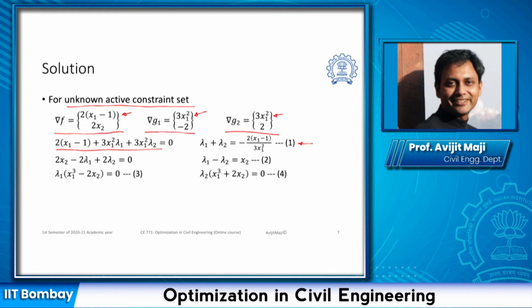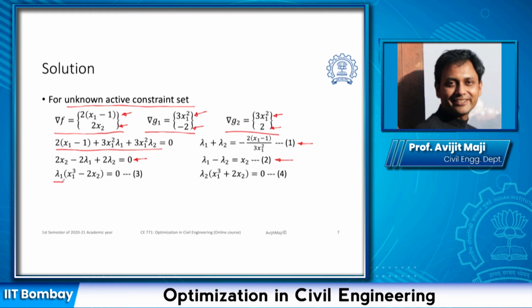The second part of the equation is formed using this component, this one and this one, which is shown here, and once we transform it we can obtain equation 2. The third part is that once we multiply the Lagrange multiplier with the constraint, it is supposed to be 0, so that is what we are doing.